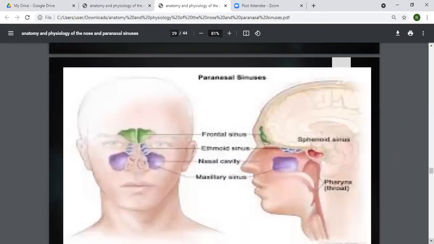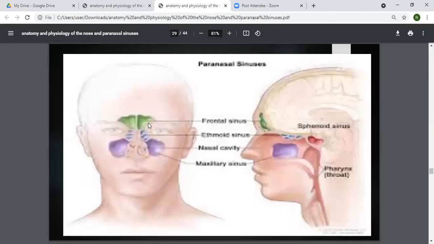Okay, so these are the frontal sinuses. We have the ethmoidal sinuses here at the bridge of the nose, and then these are the maxillary sinuses. So when we get this picture that is the sagittal picture, this should be the ethmoids.